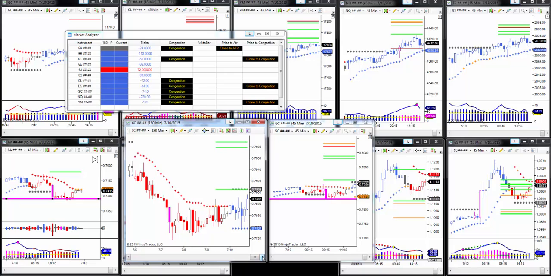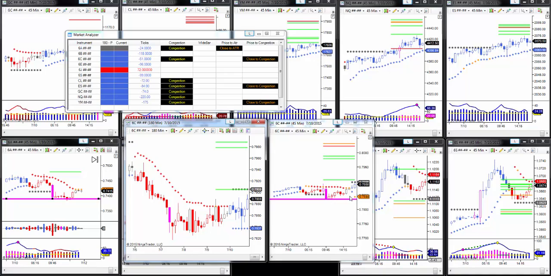So if we now look, you can see that this has come down. It has touched the ATR, and it is now going back to this congestion dot on the 180-minute chart. You can see that we're at a congestion area also on the 45-minute chart.